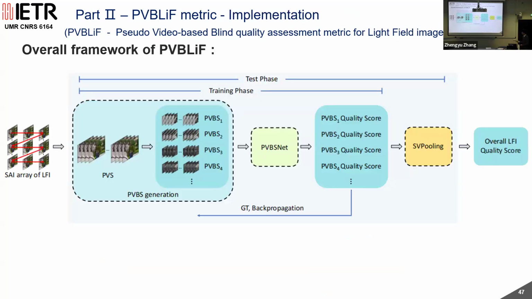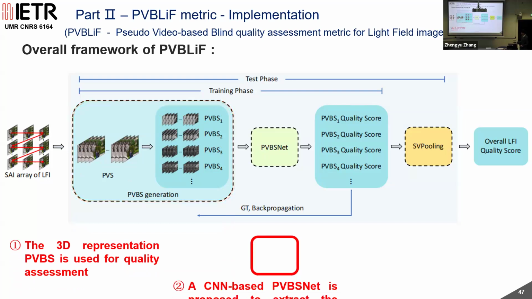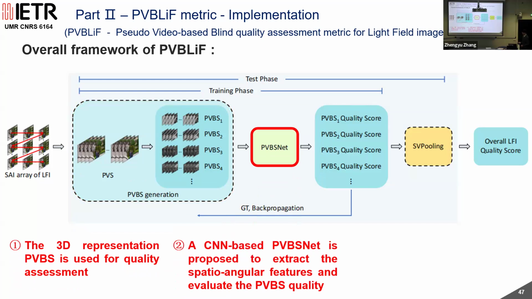And then here is the overall framework of the proposed PVBS metric. Given a distorted light field image, we first convert it into a large number of PVBS for quality assessment. And then, based on these PVBS, we propose a CNN-based PVBS net to extract the spatial angular features and evaluate the PVBS quality.